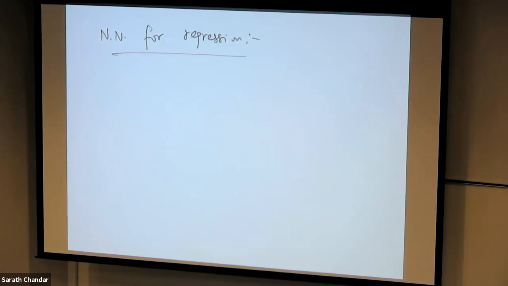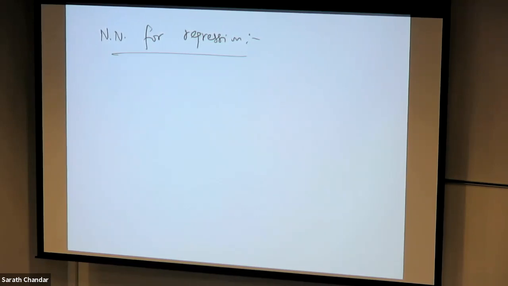Any suggestions? Yeah? You average the n values of the points around it. So you basically average n data points around the point and show the average value, right?